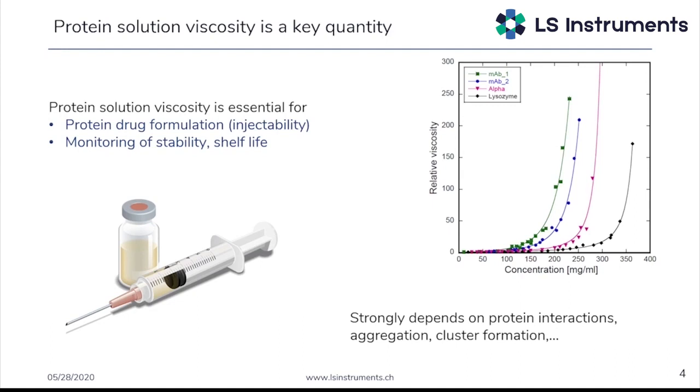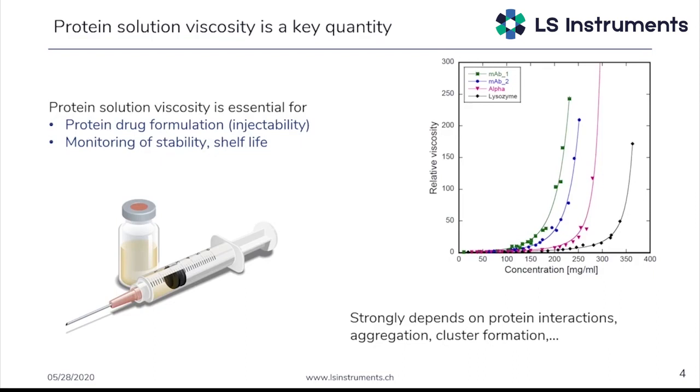And in general, we know that solution viscosity for proteins may vary enormously between different proteins. This is shown here with the example of data from 2 monoclonal antibodies and from 2 globular proteins. One is a lens protein, the so-called alpha-crystallin, and the other one lysozyme.